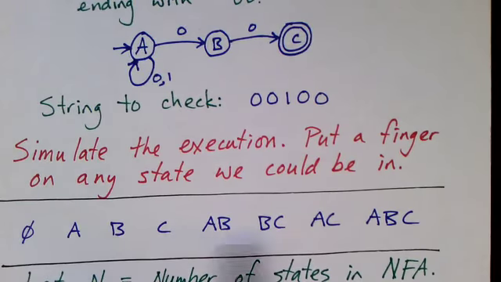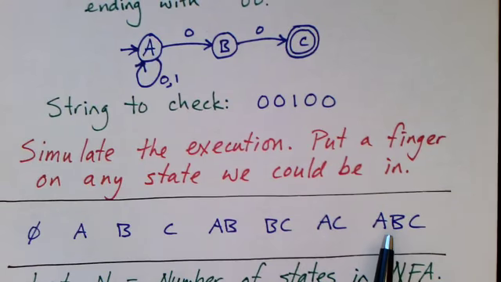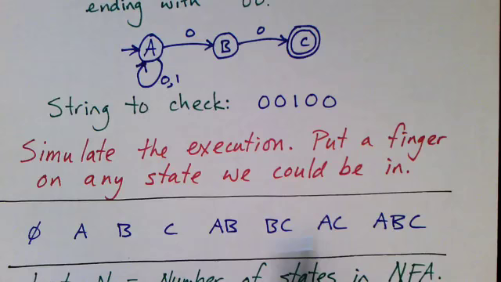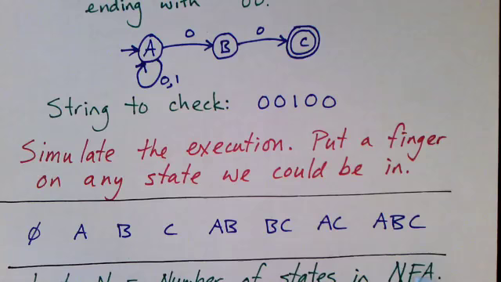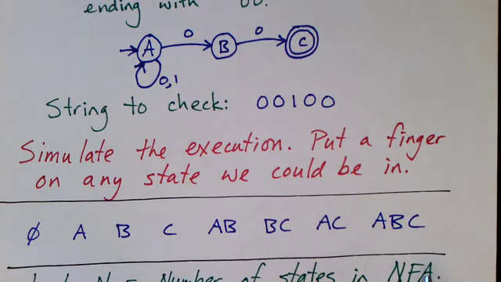So here are all the possible states we could be in at any one moment. This is the power set of states. So we're going to show how we can simulate a non-deterministic finite state automaton with a deterministic machine. And what state are we in?